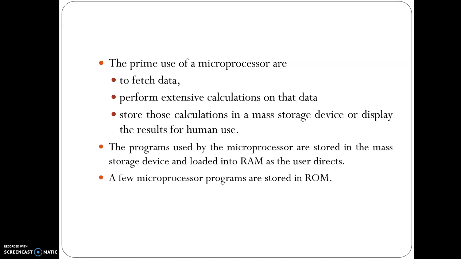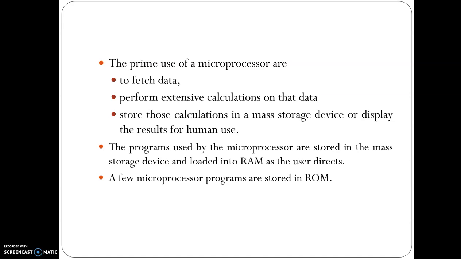The programs used by the microprocessor are stored in a mass storage device and loaded in a RAM as per the user requirement. A few microprocessor programs are stored in a ROM also. So as I said, in case of microprocessor, there is no internal memory. Whatever memory is there is external.